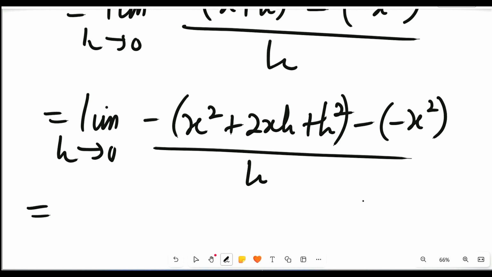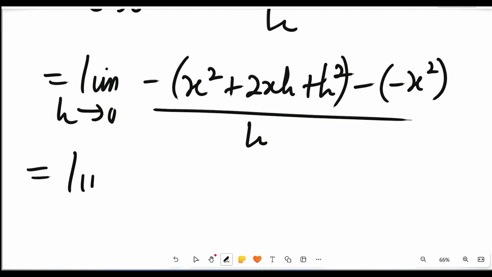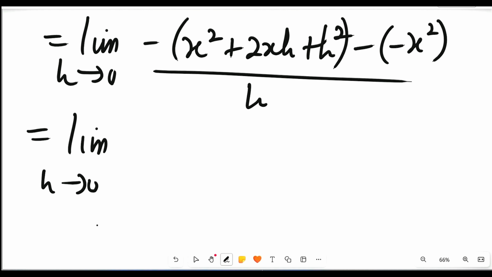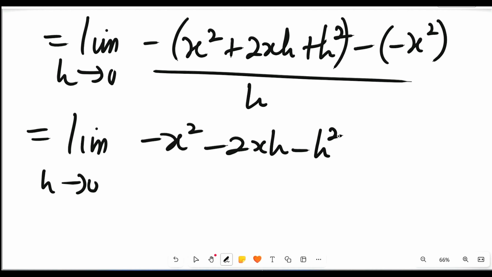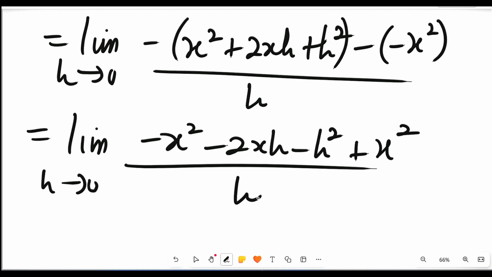So we continue to evaluate, we have the limit as h approaches 0. In the first bracket, when you expand through, you are going to get negative x squared minus 2xh minus h squared. Then here we have negatives, so negative times negative x squared will give us positive x squared, all divided by h. So we have negative x squared here plus x squared. We are going to get 0.